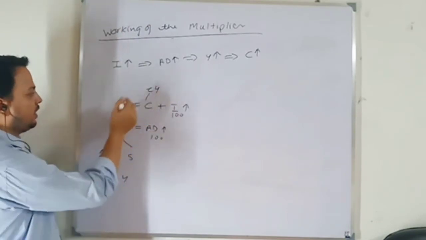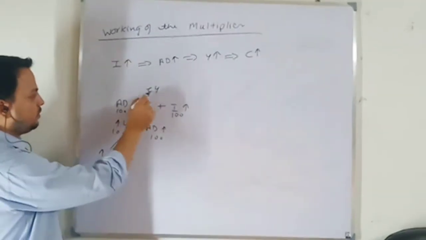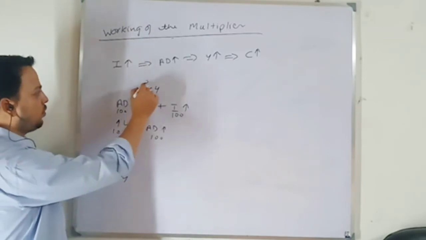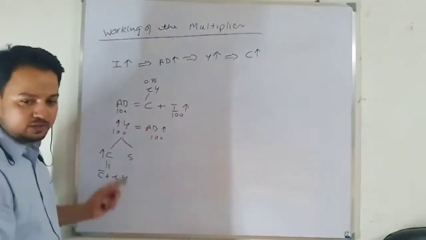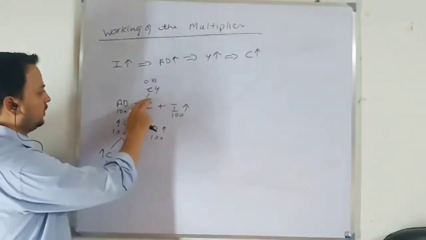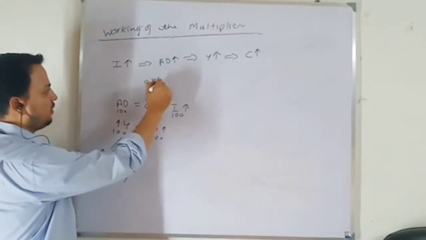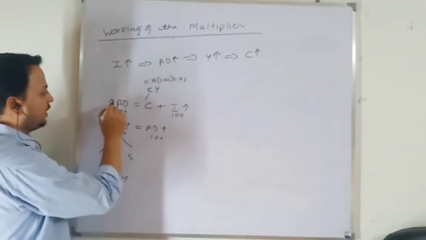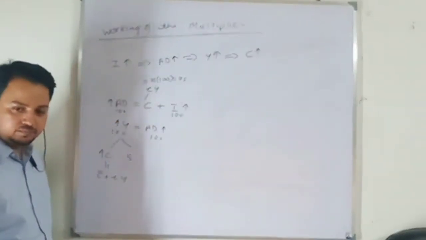So this time your aggregate demand in the second round will increase by this much amount. Small c is say 0.75, income increases by 100, then consumption will increase by 0.75 into 100, it will be 75. In the next round, aggregate demand increases by 75.